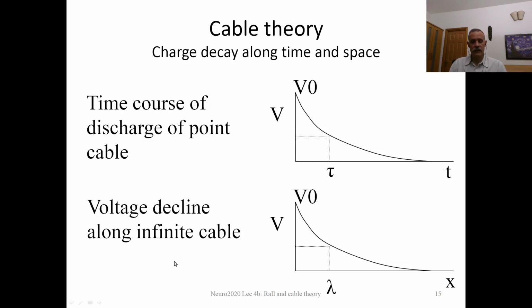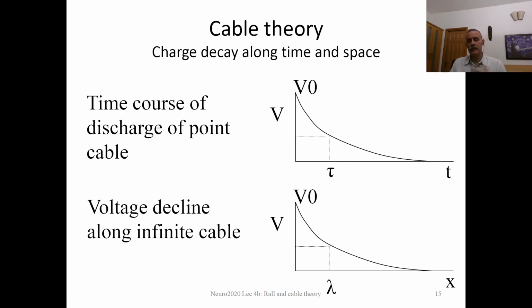If, on the other hand, you don't worry about time, you let time proceed until infinity, and you have a certain potential at the beginning of your cable, and the cable is infinitely long, then the shape of the decline of potential along position is now also an exponential, and in this case the length constant is lambda. Okay, so nice and symmetric in time and space. In both cases it is an exponential decline as you increase the variable, in this case time, and in this case position.